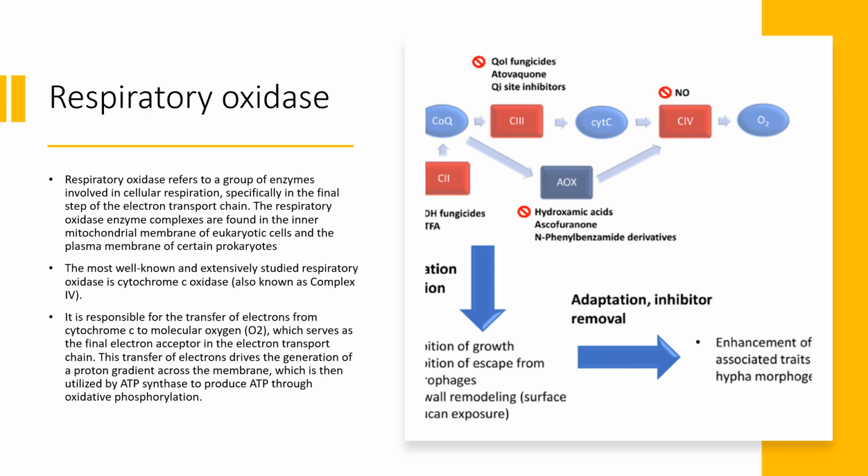It catalyzes the transfer of electrons from cytochrome C to oxygen, thereby reducing the oxygen to water, and this energy is utilized by the ATP synthase enzyme to produce ATP. You can see on the right side of the figure some drugs that can directly inhibit the respiratory oxidase, so have a look at them.